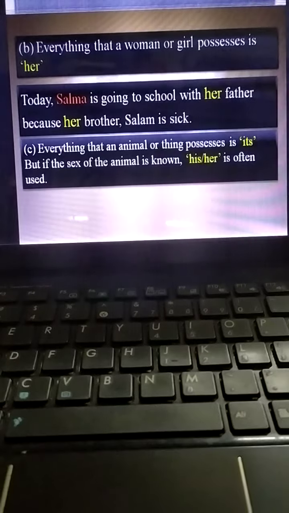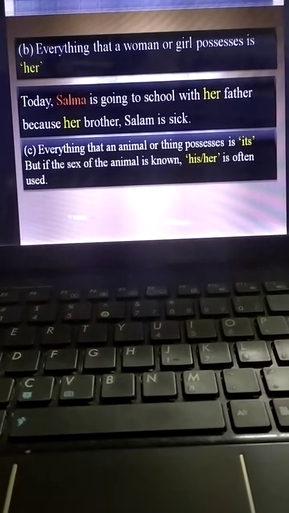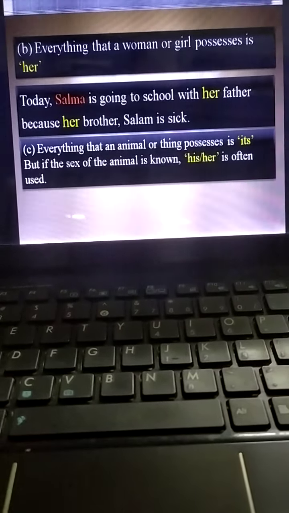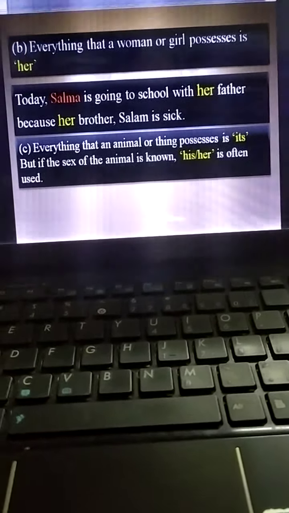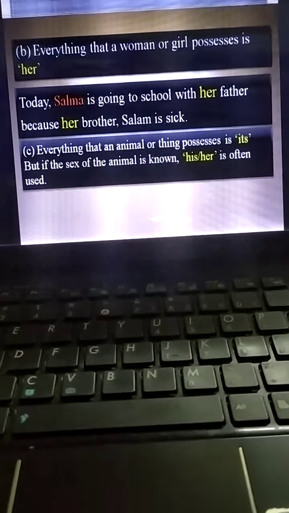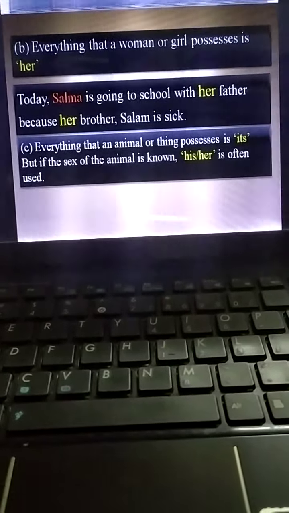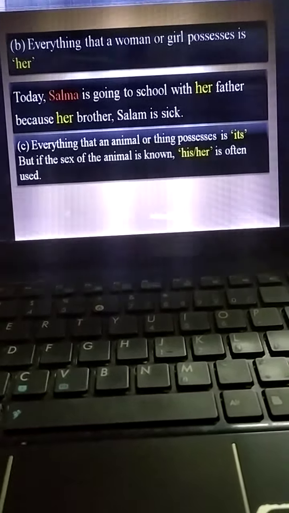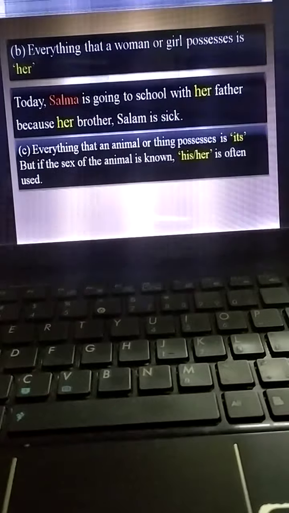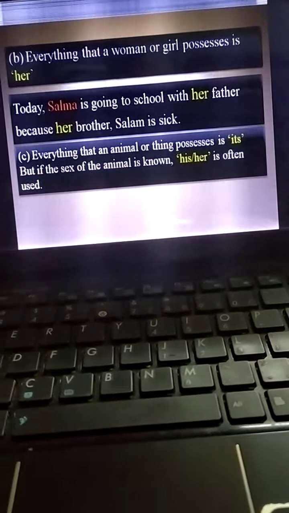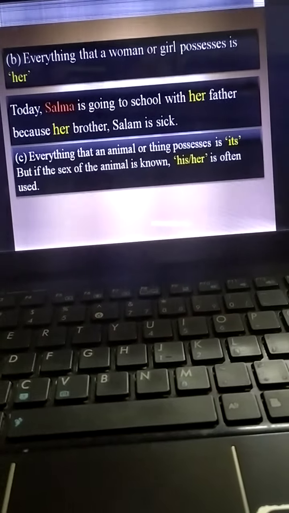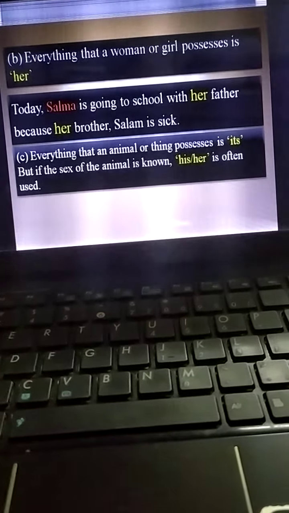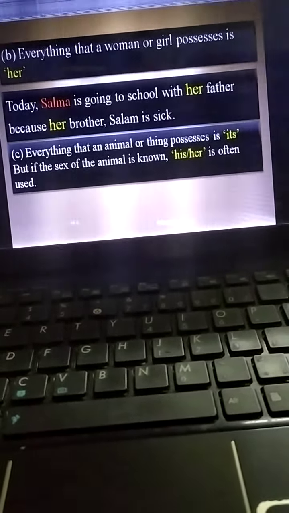Next one: everything that an animal or thing possesses is its. Look at this, things or animals, not male, not female. If you do not know whether it is male or female, and it may be an animal or a thing, then we can use its.